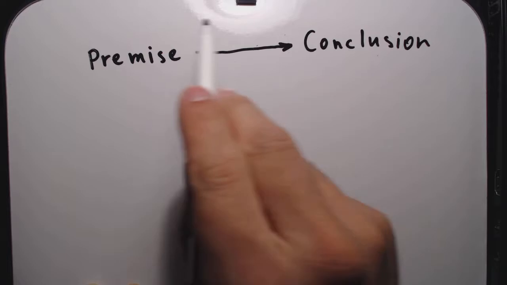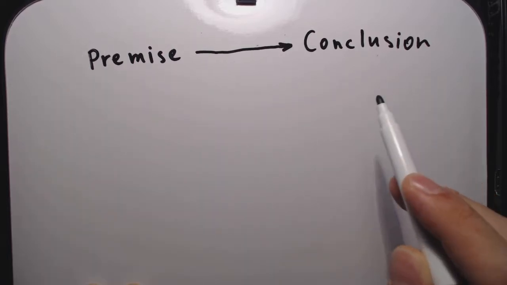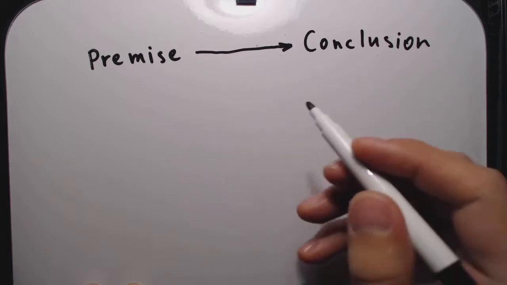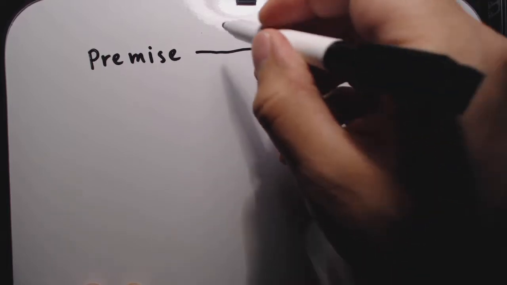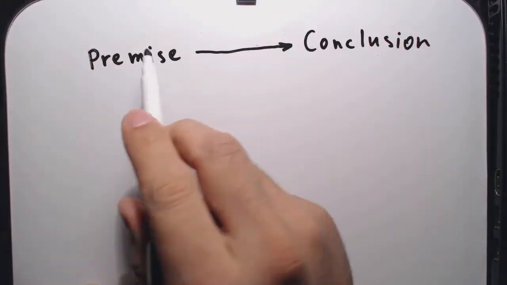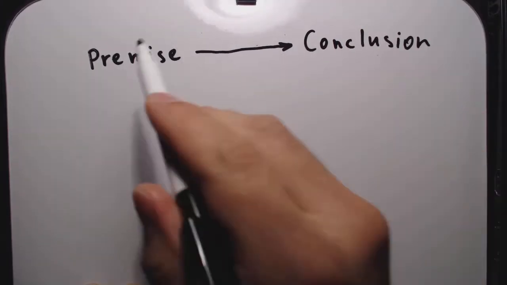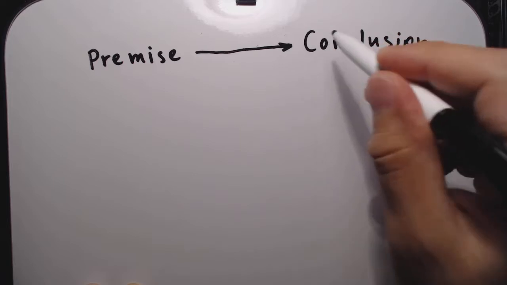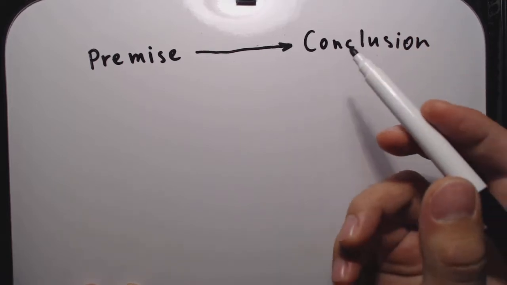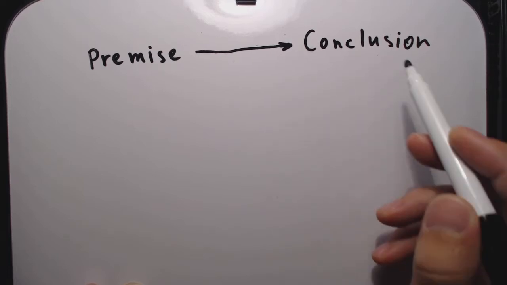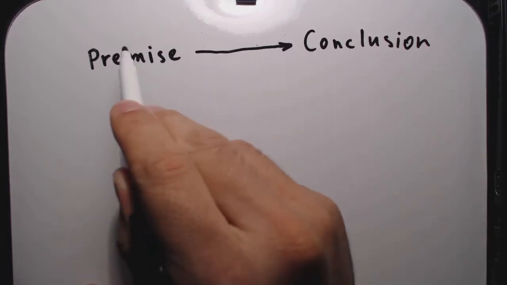And this kind of argument is called a deductive argument. The reason why it's called deductive is because we're going from general, top down, or from general to the specific, as opposed to an inductive argument where you go from specific back to general.